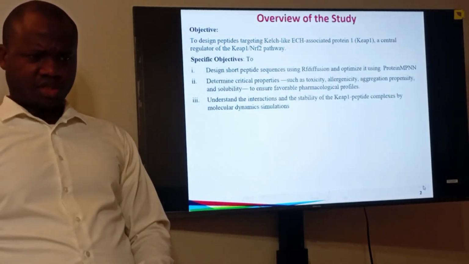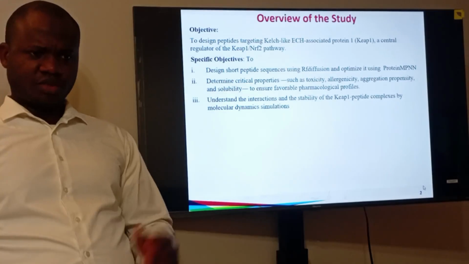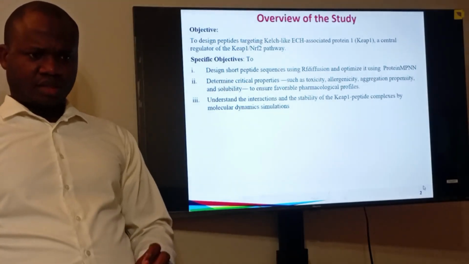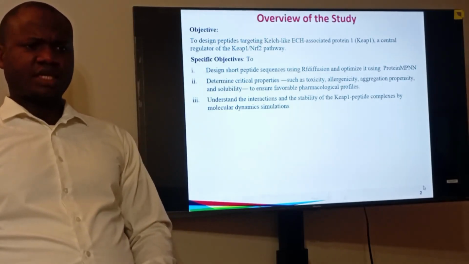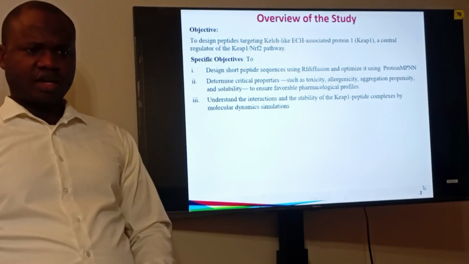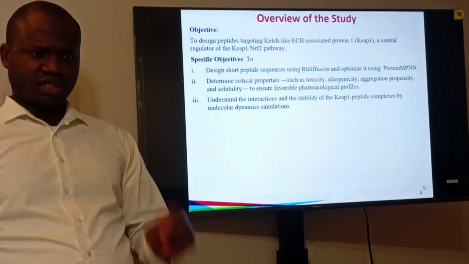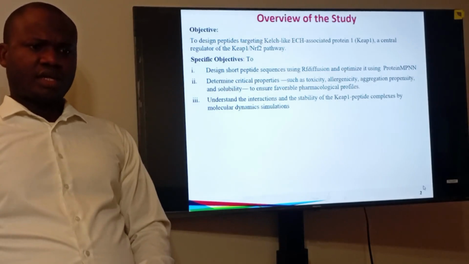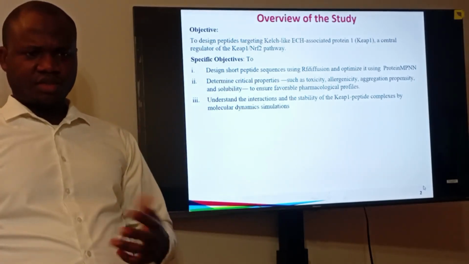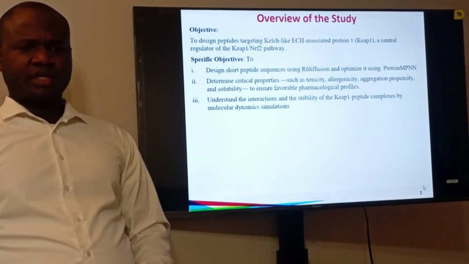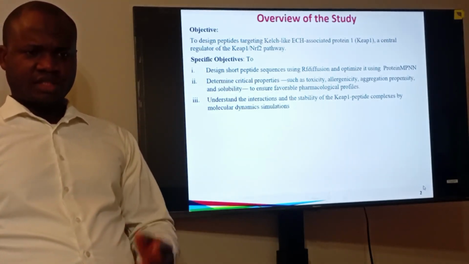In this publication, the specific objectives were threefold. Number one, they wanted to design short peptide sequences using RF diffusion, that is RoseTTAFold diffusion, and whatever result they obtained from that, they optimized using ProteinMPNN, which is a kind of advanced neural network.